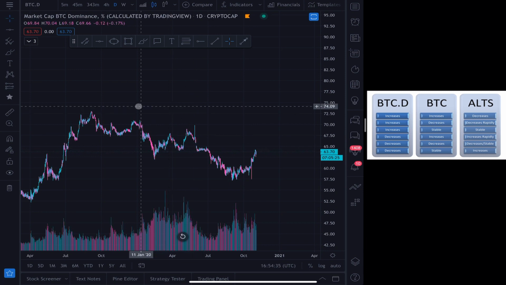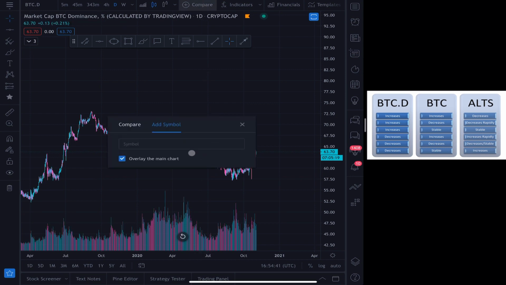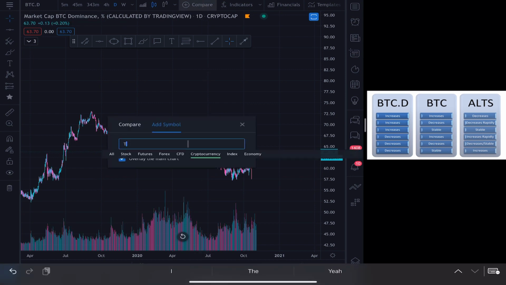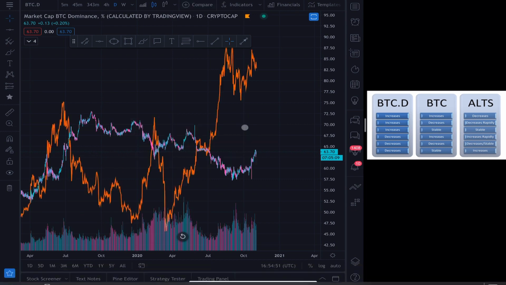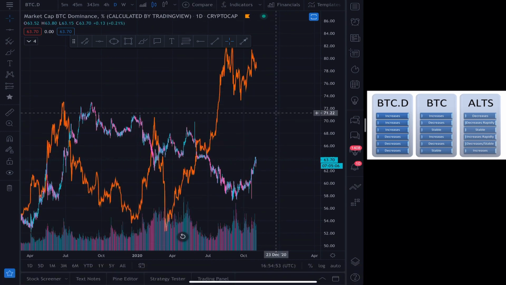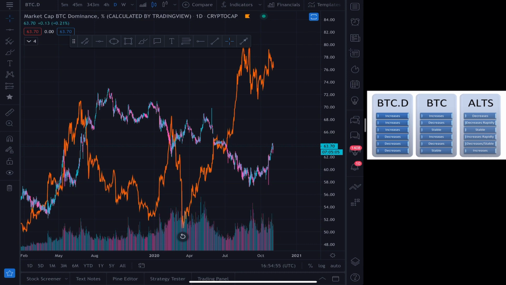So I'm also going to overlay the altcoin chart so that we can have a better understanding. I'm going to use Total 2. Total 2 is an index that pretty much is correlated with what's going on in Bitcoin.